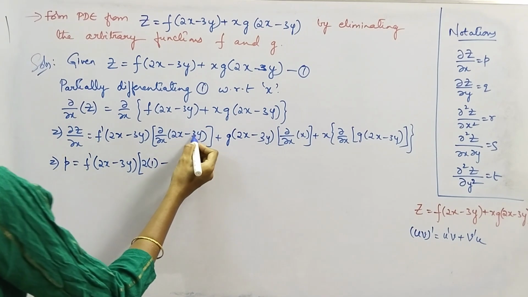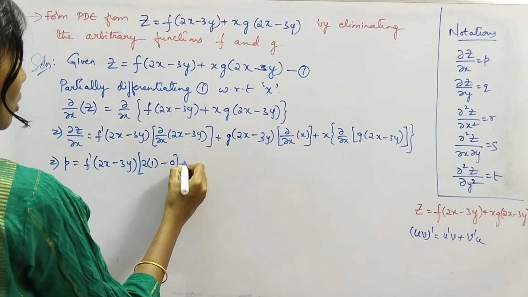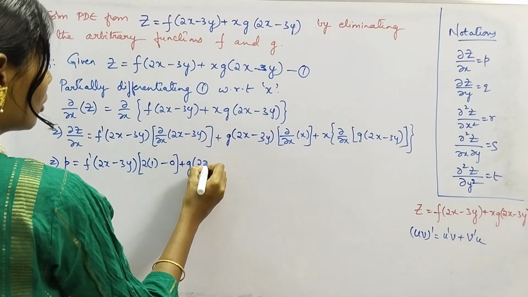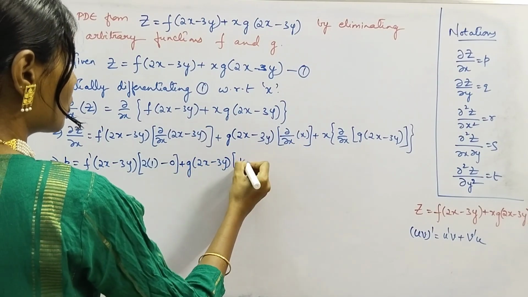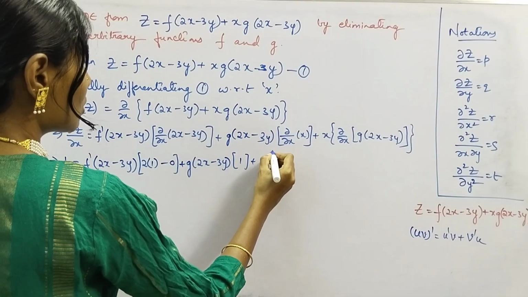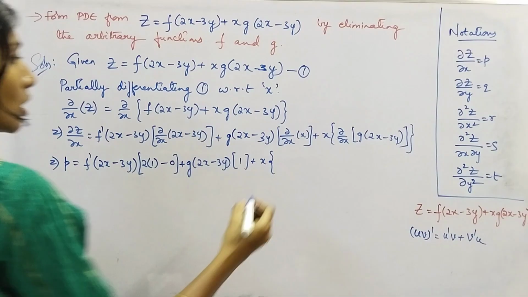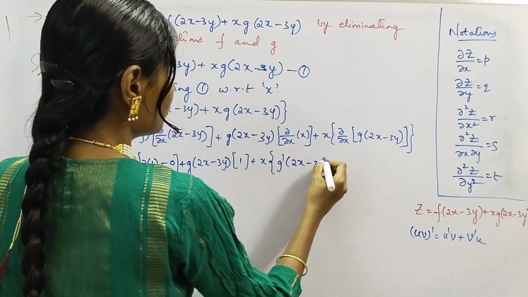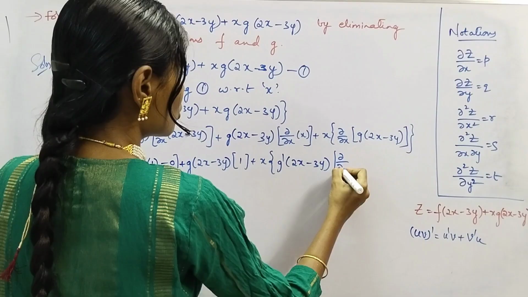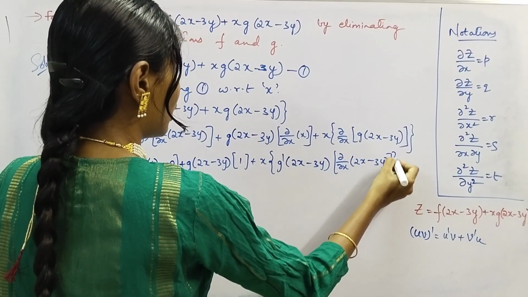Minus partial derivative of 3y with respect to x is 0, plus g of 2x minus 3y into partial derivative of x with respect to x, which is 1, plus x times partial derivative of g of 2x minus 3y, which is g dash of 2x minus 3y into inner derivative, that is dou by dou x of 2x minus 3y.